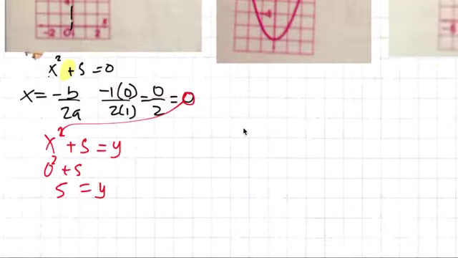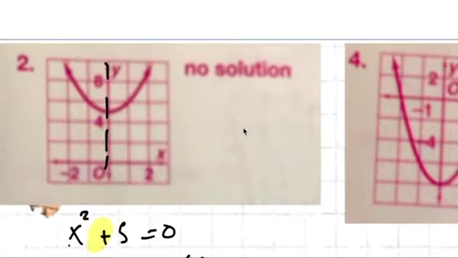So the vertex is 0, 5. It's where the graph shows it at 0, 5. It's 2, 4, 6, so that's 5 right there.